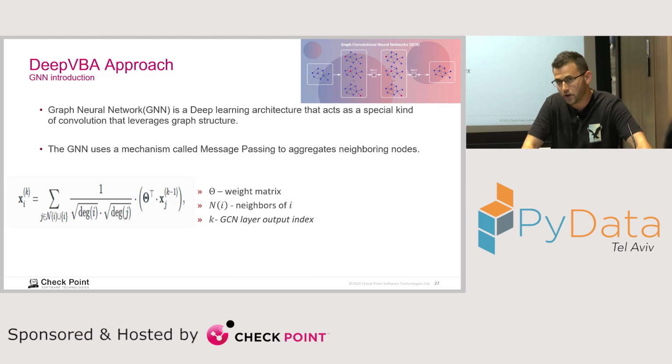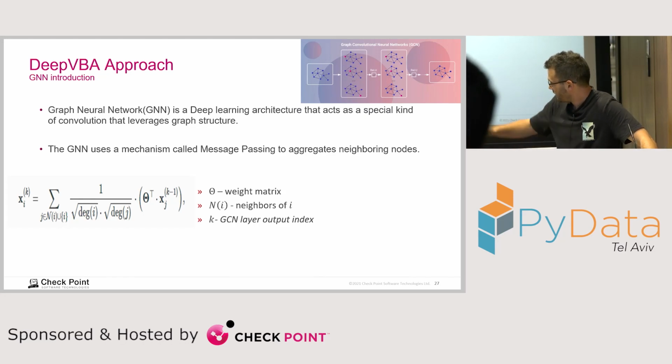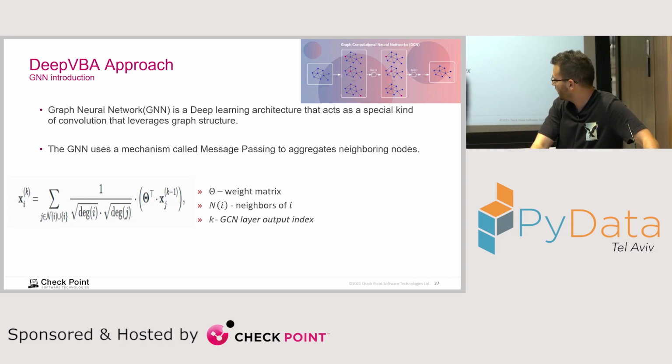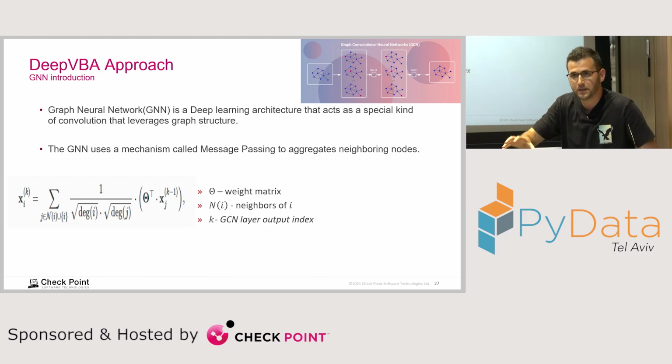What we use in our current architecture is a layer called a graph convolutional layer, and you can see the message passing here. Message passing, by the way, is a mechanism that graph neural networks use to aggregate neighboring nodes. In this particular case, the equation looks like this. Basically, you have the theta weight matrix, and i is the focal point, the central pixel.